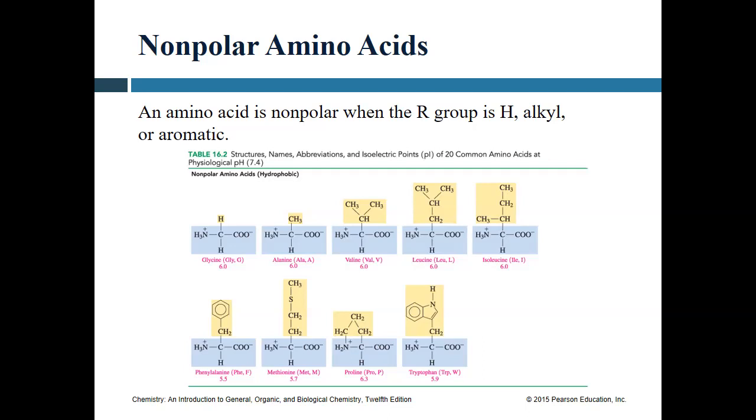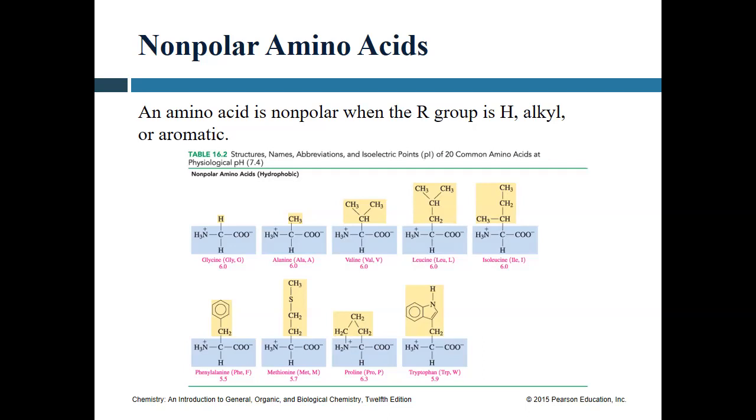Take this one, for example, where you've got a ring structure being formed between that alpha carbon and the amino group on that base chain. Now, one thing that you should note is that in this table, in addition to the structure, every single amino acid is labeled with 2 things.